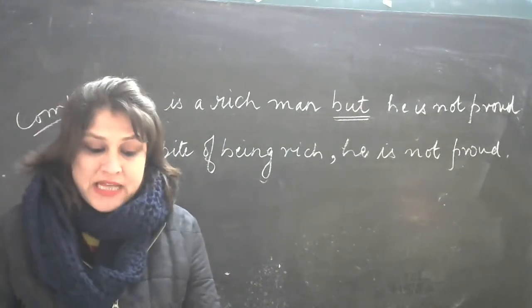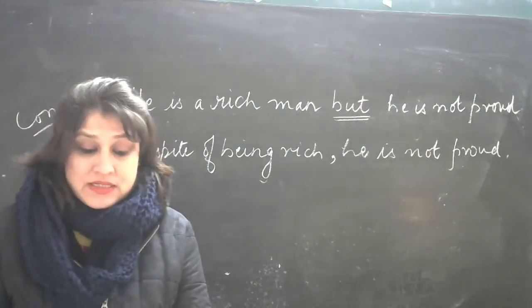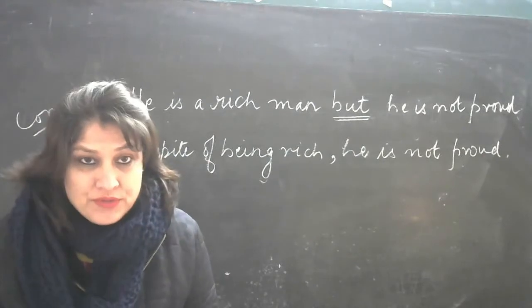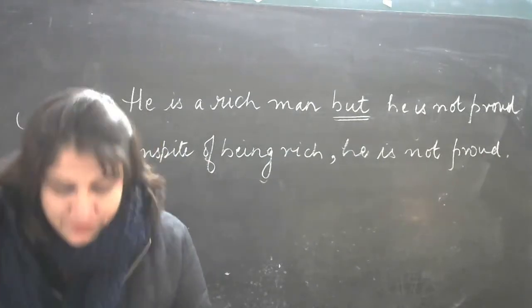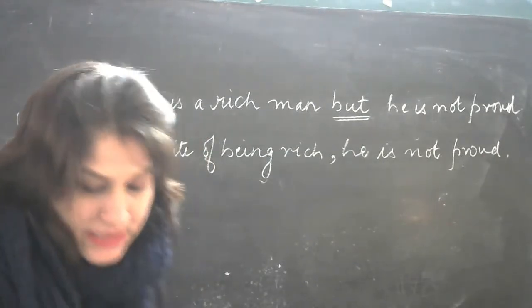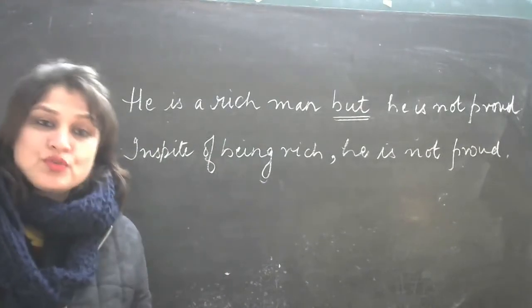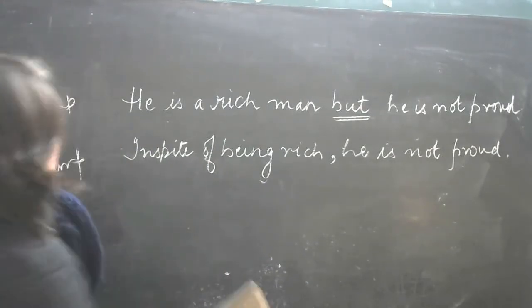The news can't be true, for it is too good. Now they've used the word for here. Now let's see, it is again easier. The news is too good to be true. I'll use that here.